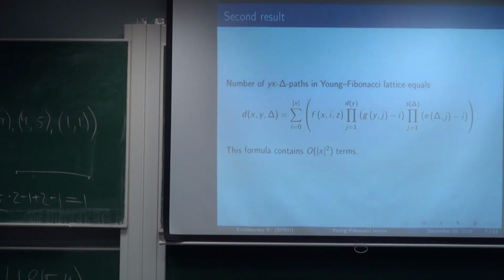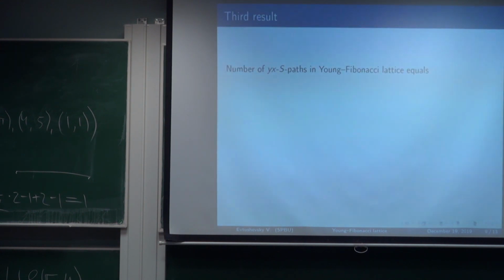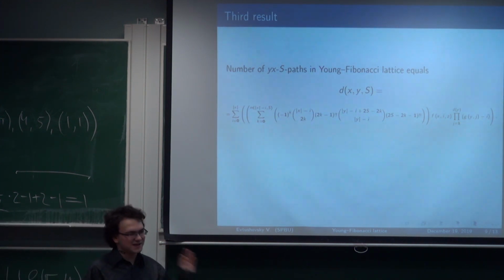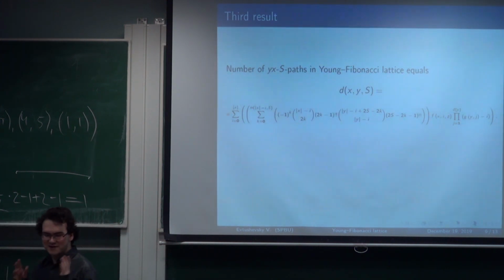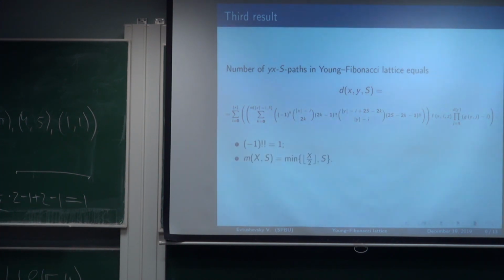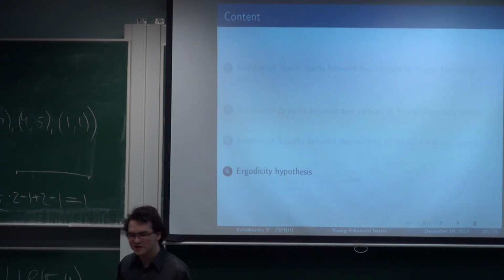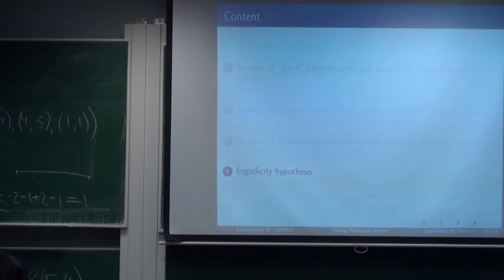I solved this problem, and I have this formula. It looks huge, but it contains only O of the modulo of x in the power of 3 terms. Here m is this function, and it was the topic of my diploma work.